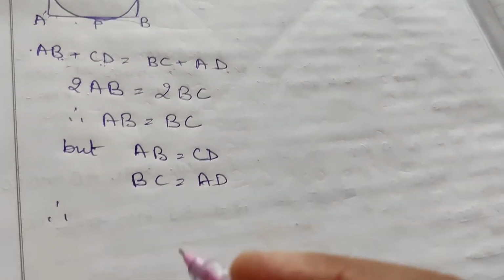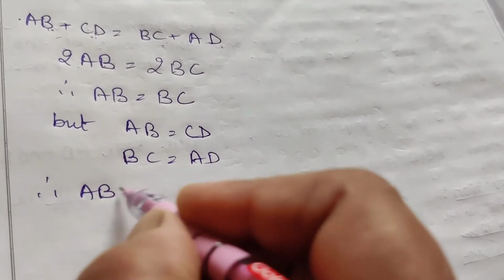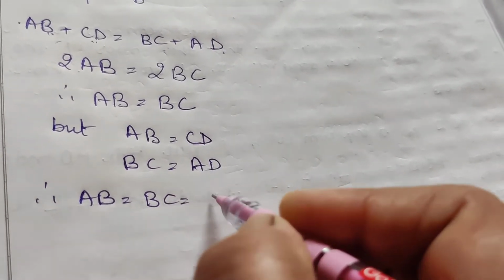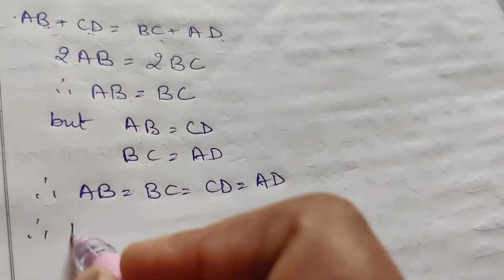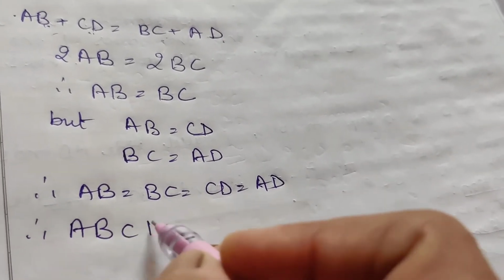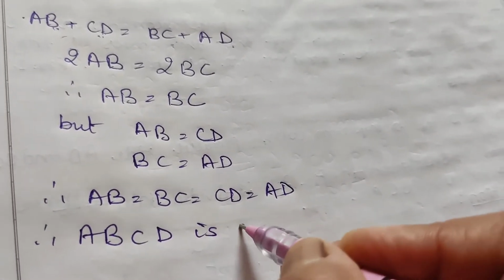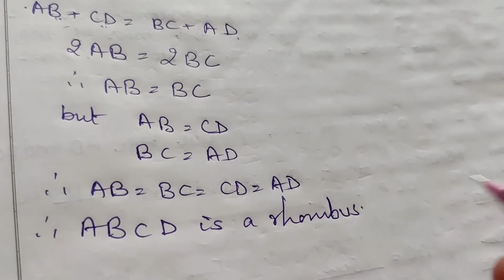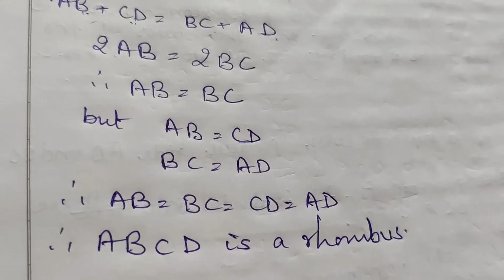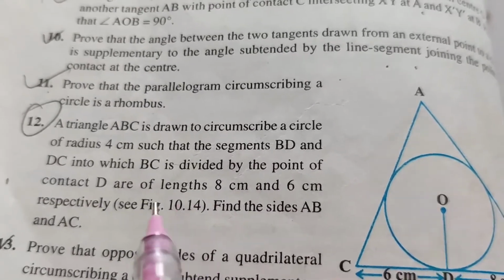Therefore, AB equals BC equals CD equals AD, and ABCD is a rhombus. All four sides are equal. Question number 12 is an important question.